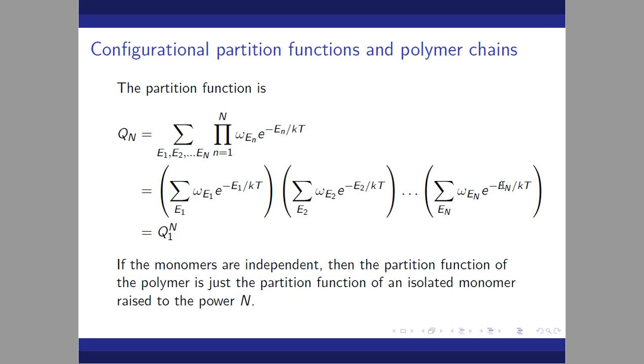Okay, so we multiply all of these, so we can get Qn equal to Q1 to the power of n. So if the monomers are independent, then the partition function of the polymer is just the partition function of an isolated monomer raised to the power of n.